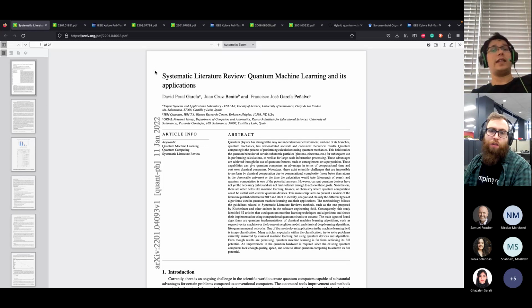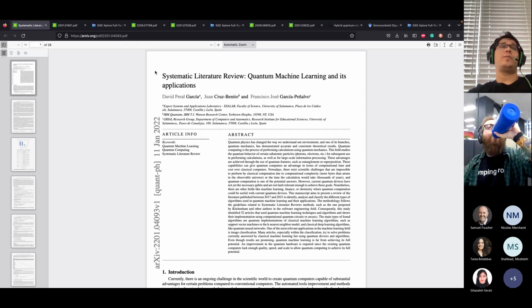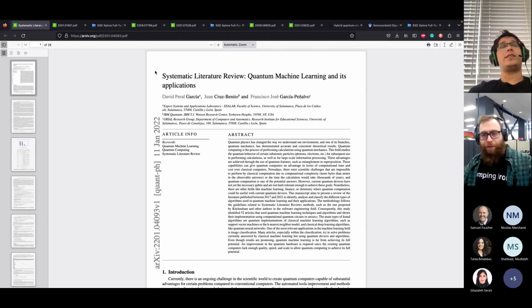Now, what will be the advantage? If you have students, I know you have some students like Xiao that know their way around deep learning, you will need to look at how to merge this with deep learning and quantum circuits.